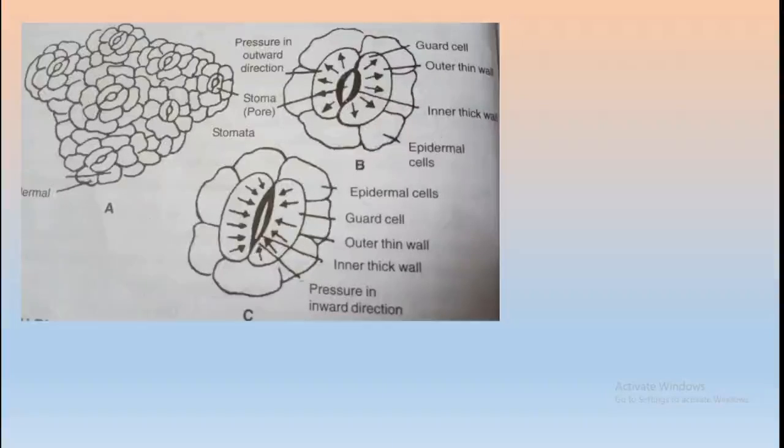This shows that turgor in the two guard cells is responsible for the opening and closing of stoma. In this entire mechanism of stomatal transpiration, the factors responsible for changes in the turgidity in guard cells are not mentioned because they are not correctly known. Thank you.